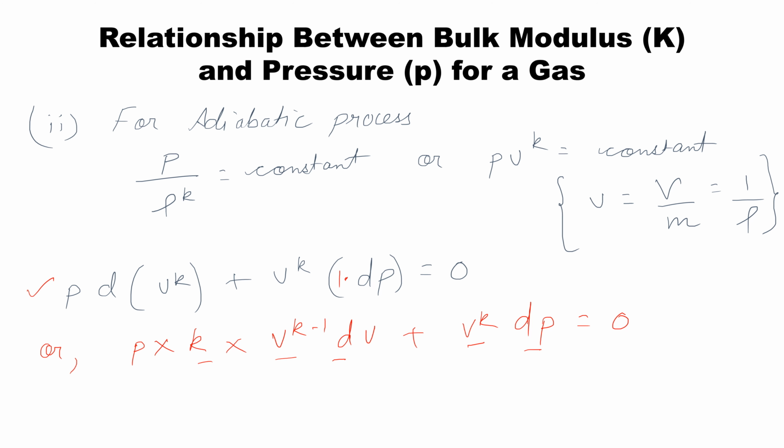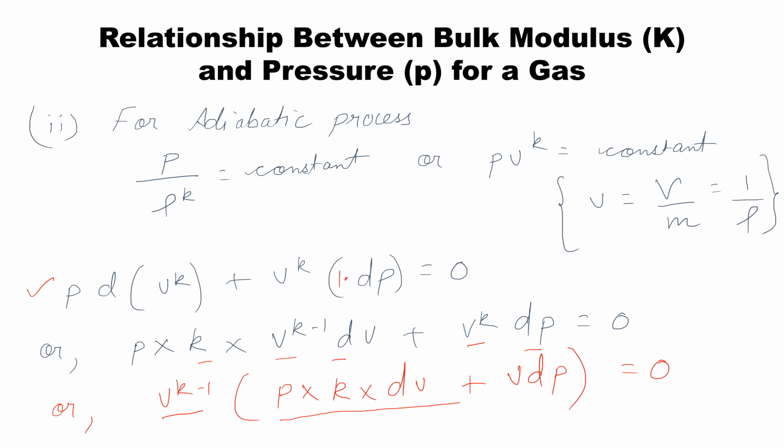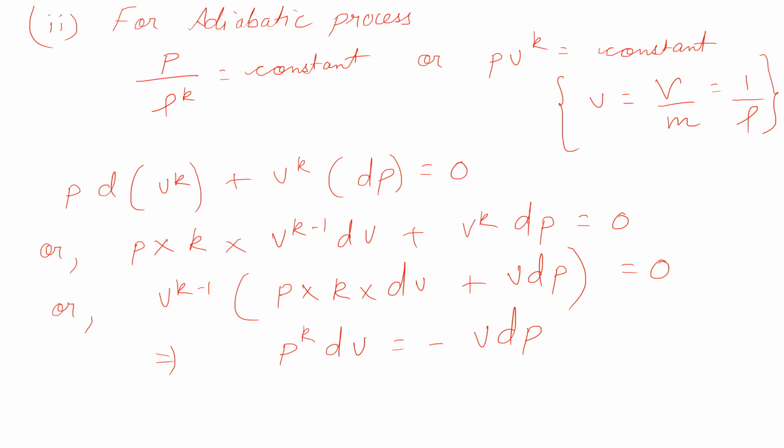Here I am taking V raised to power K minus 1 as common. So when I take this as common, I will get this quantity.